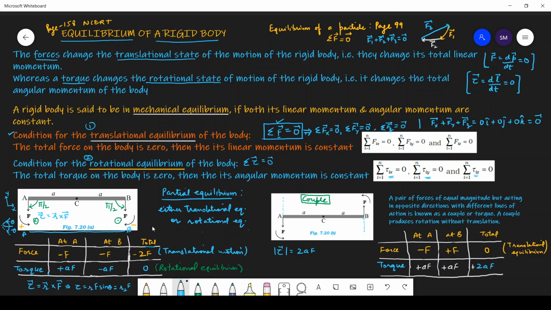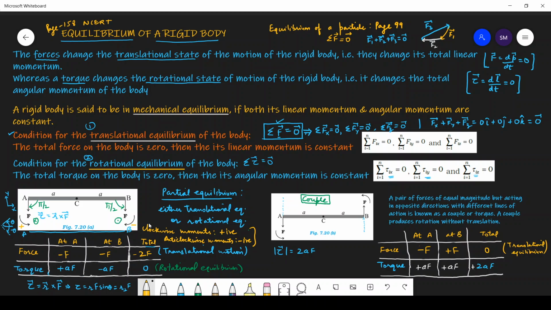Clockwise moments positive, and anti-clockwise, or you can say counterclockwise, moments are taken to be negative.